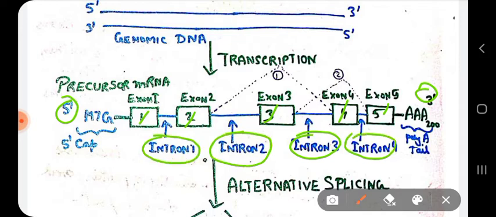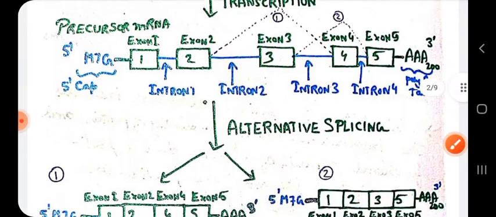By the splicing process, we can remove all these introns and join the exons by two transesterification reactions that are mediated by the spliceosome complex. Sometimes they are mediated by the introns themselves if they are group 1 introns or group 2 introns that we have studied before. But we are studying alternative splicing here. So what happens during alternative splicing?